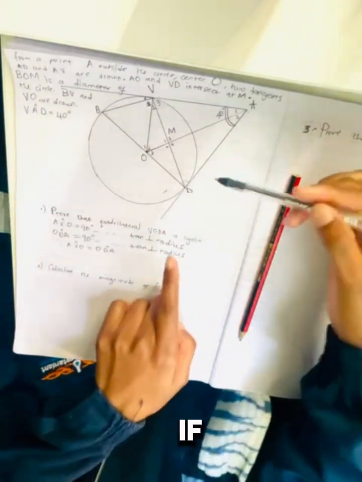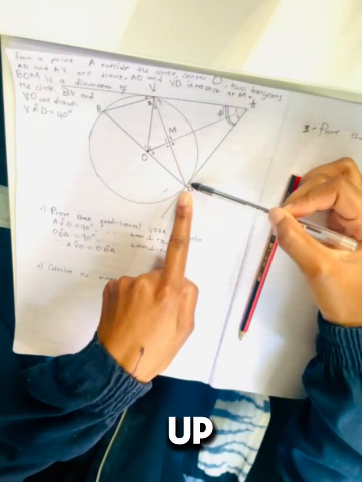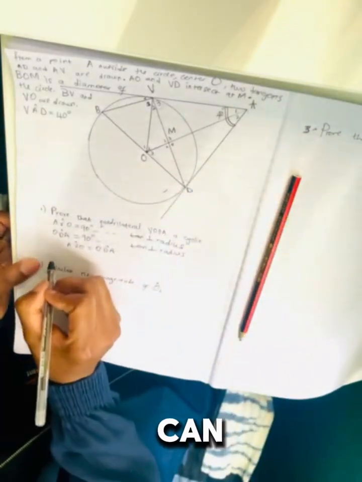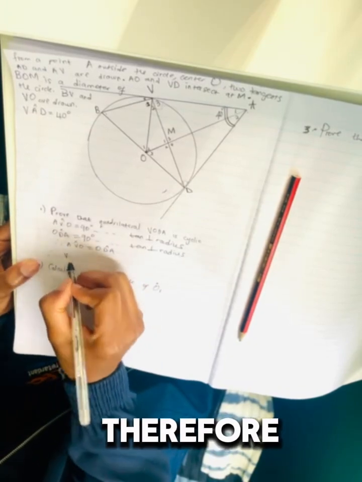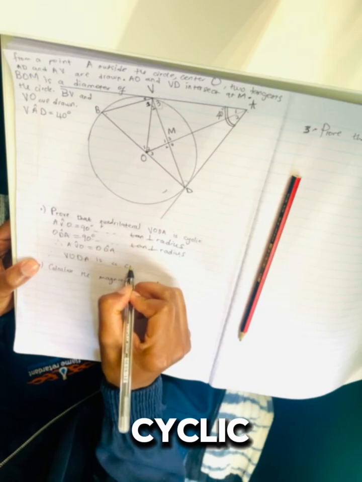Therefore angle AVO equals angle ODA. If this is 90 degrees and this is 90 degrees, when we sum them up they give us 180. So we conclude that VODA is a cyclic quad.